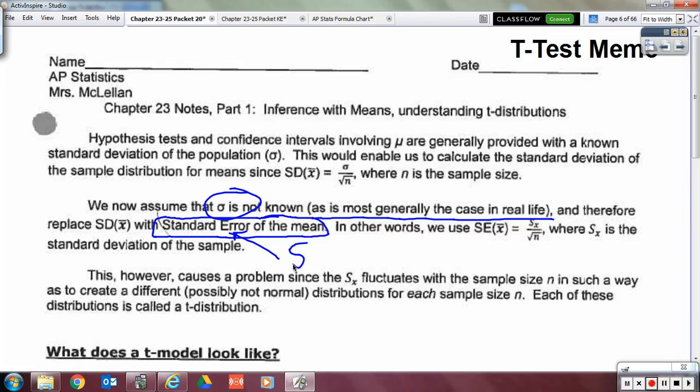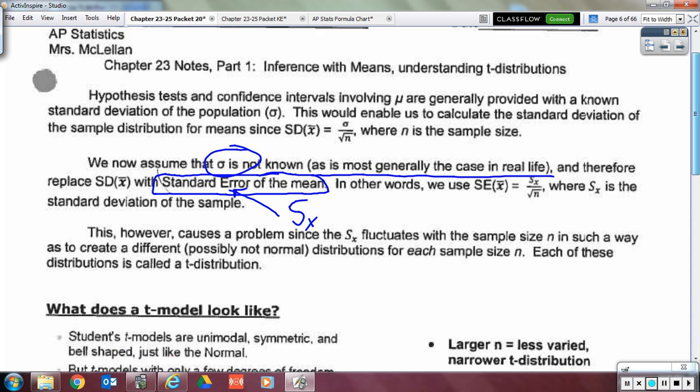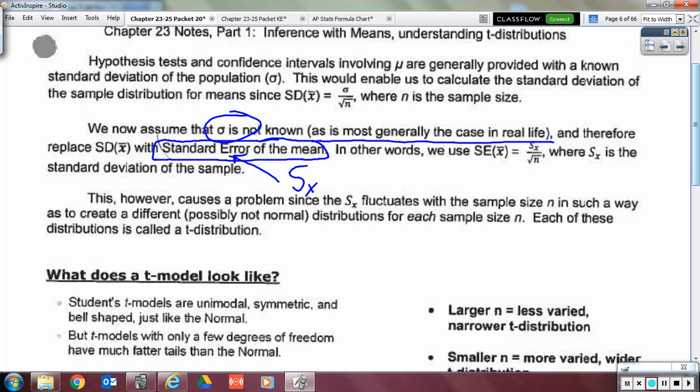And that is because this standard deviation of the sample is quite a bit more varied, has a lot more variability. Does that make sense that there's more uncertainty in that standard deviation because it's from a sample? Okay. So because we're having to use the standard deviation from a sample, we have more variability.